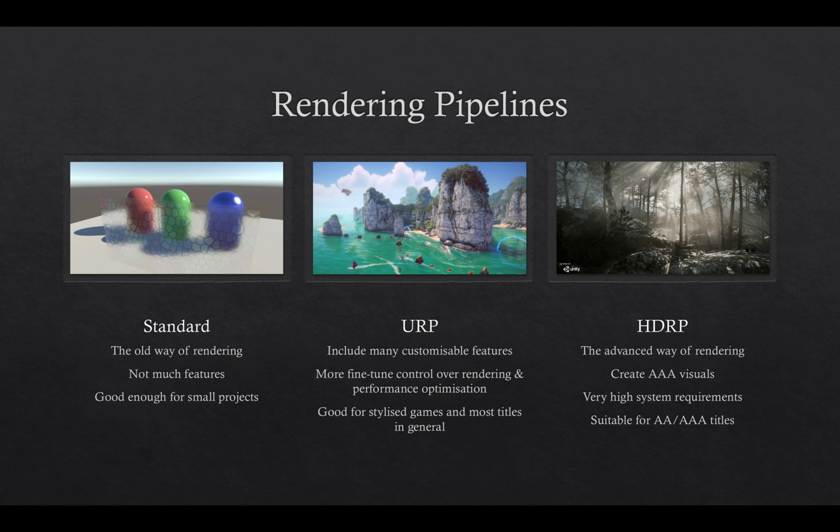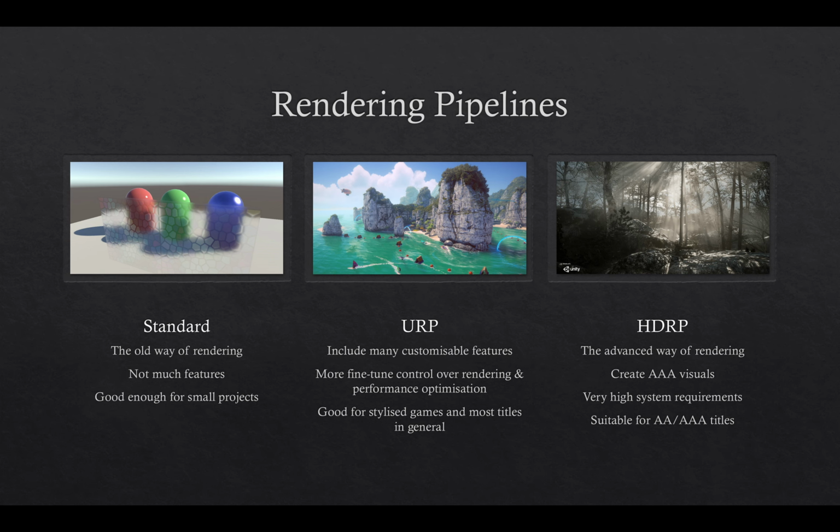URP includes many customizable features. It has more fine-tuned control over rendering, and a little bit more performance optimization than standard, and it's generally good for stylized games and most titles in general. The thing about URP is that you have more support with shaders, which is one of the more advanced graphical concepts that we have. We'll go through that in future workshops.